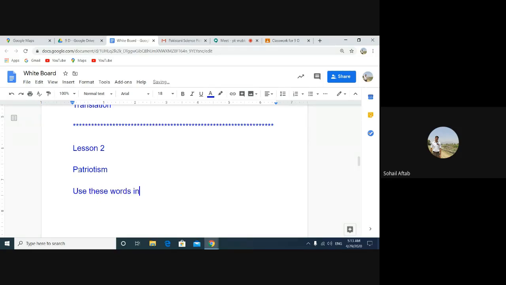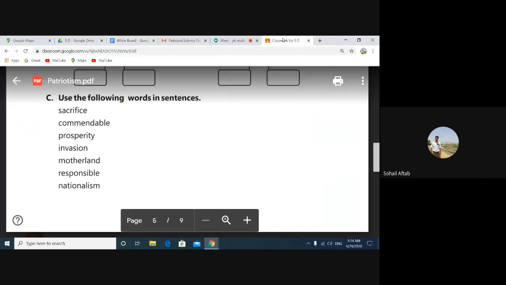Use these words in your sentences. The first word is sacrifice.